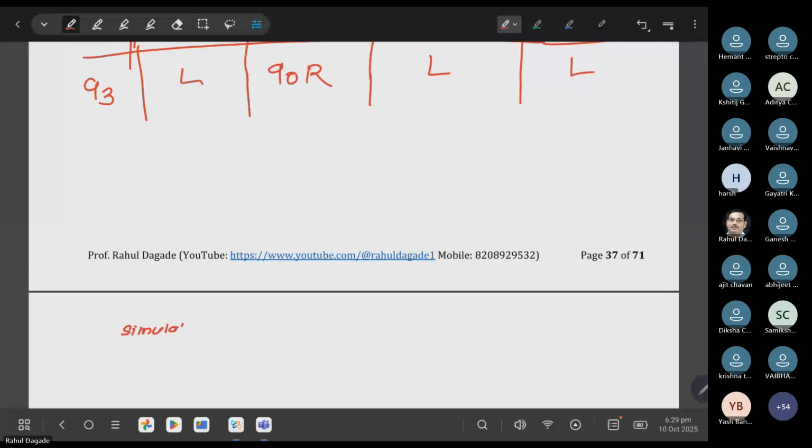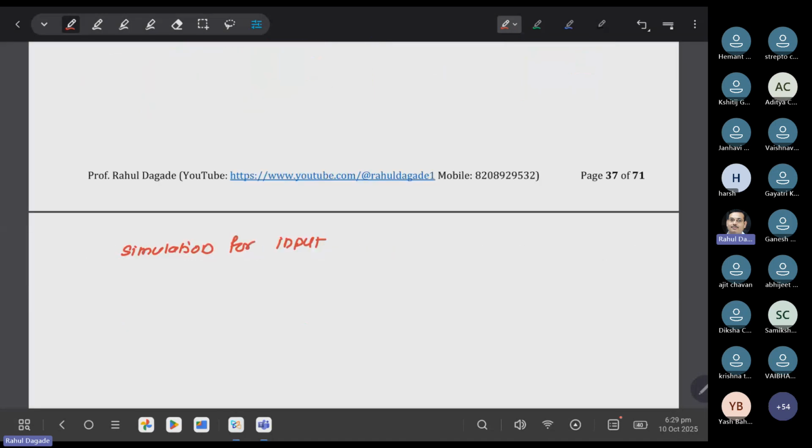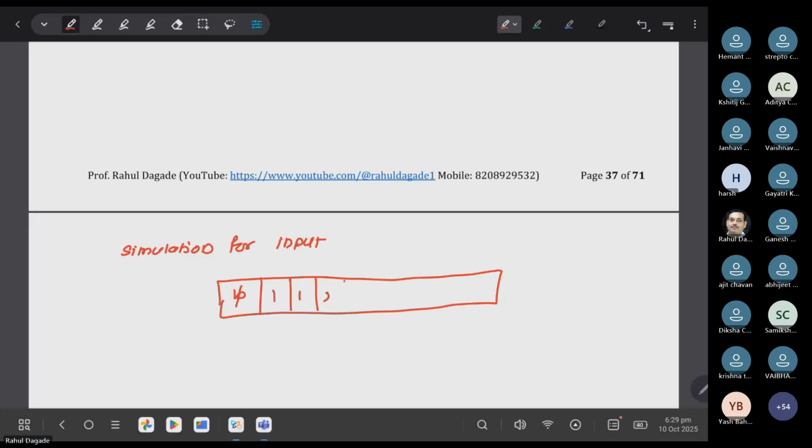Let us take the input on tape: blank, 1 1, separator comma, 1 1 1, and then blank. So what is our output?